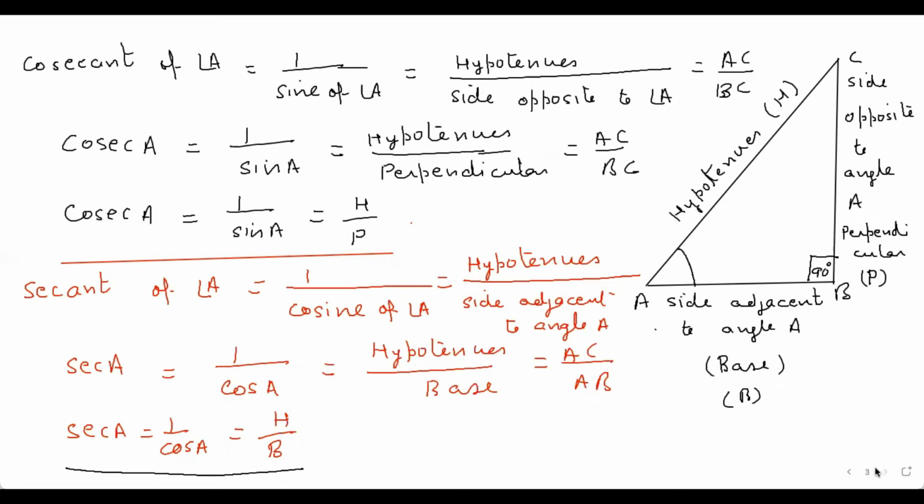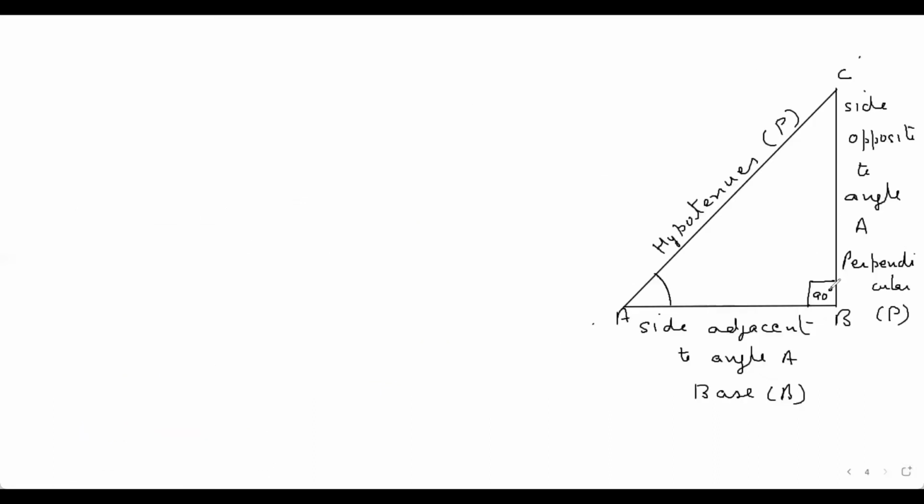On the next page, I am going to explain cotangent A. Again, I have made a right angle triangle here. AB is side adjacent to angle A, BC is side opposite to angle A, and AC is hypotenuse. Side adjacent to A is called base, and side opposite to angle A is called perpendicular.